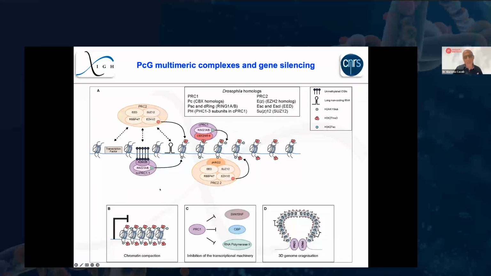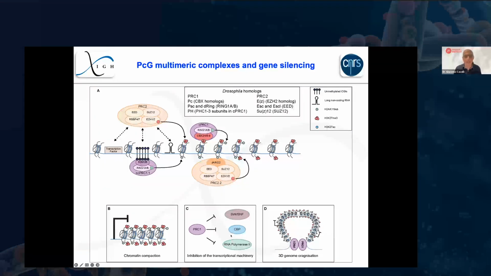In this way, you can induce chromatin compaction in cis over a relatively short range, but you can also counteract, so oppose, activating complexes like SWI/SNF or COMPASS.